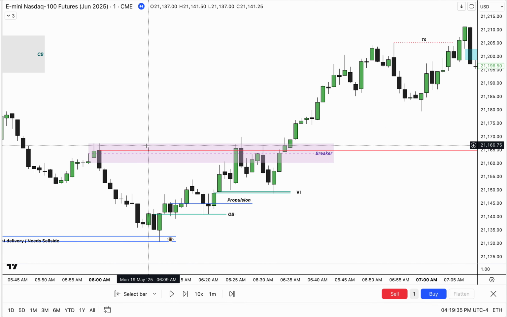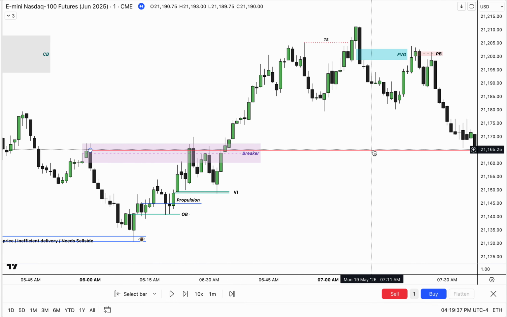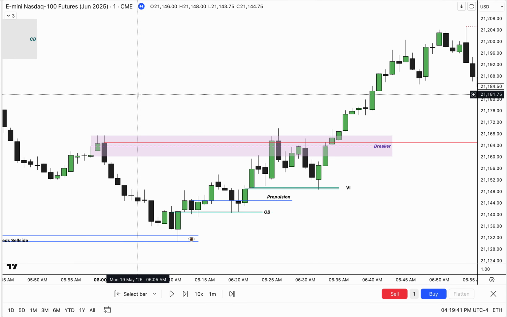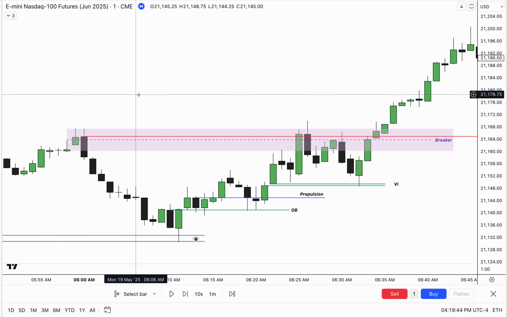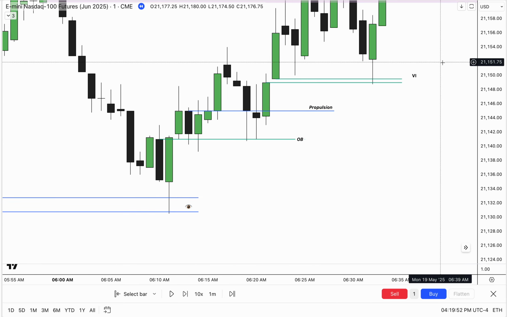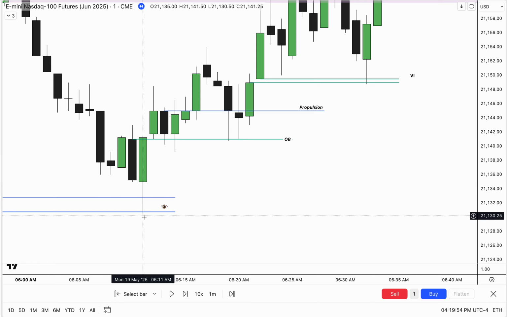Let's see. Let's look here. This is a really good example, below 6 a.m., in that first macro, 6 to 6:15, order block, propulsion block. Here we dip down in, we run higher, that becomes the order block, this becomes the propulsion block.